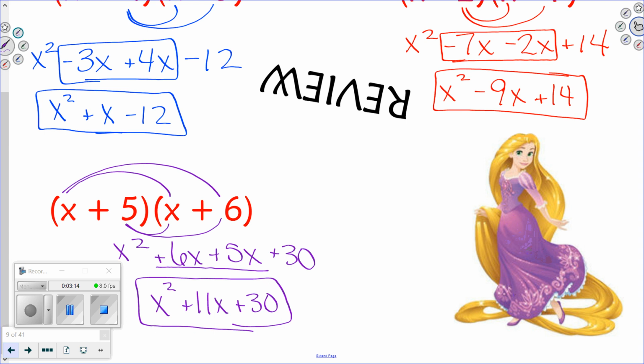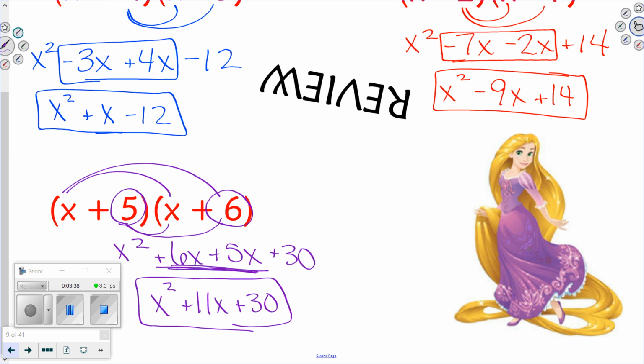Anything else? Where are my numbers coming from? What did these last 2 numbers give me? It gave me my last number. And then when I put those like terms together, they always give me my middle number.